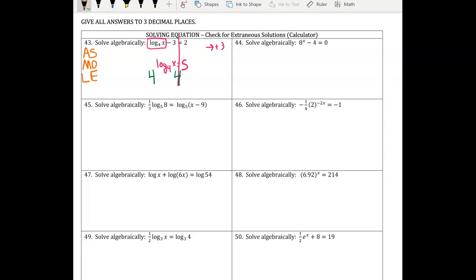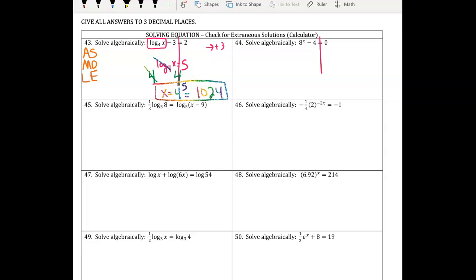Because then once this base of 4 is this base of 4, and they're the same, I can cancel them out. And then I get x equals 4 to the 5th. And then you could type in 4 to the 5th on your calculator. It would be 1,024. Okay, next one.